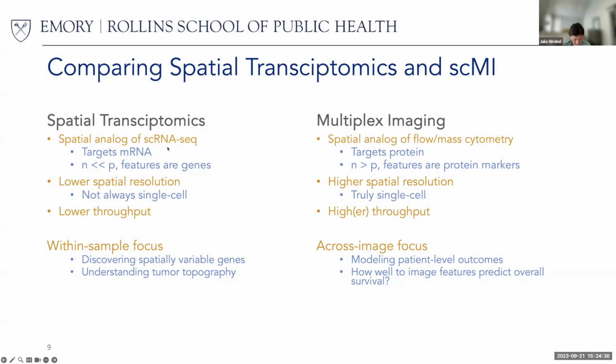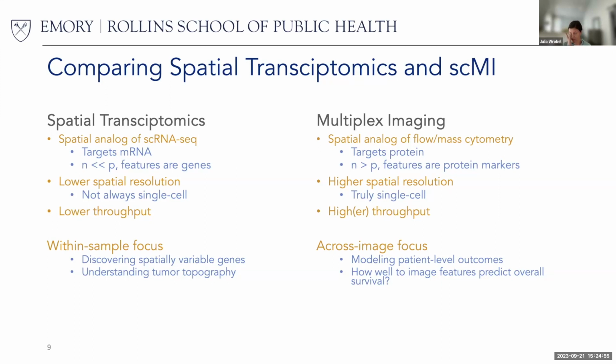Because transcriptomics is looking at genes, it can have hundreds or thousands of features per cell. So it's super high dimensional, whereas multiplex imaging is just going to have the number of protein markers that you can image. So it's usually going to be somewhere between 8 and 40 markers. I would say it's much lower dimensional than spatial transcriptomics data.